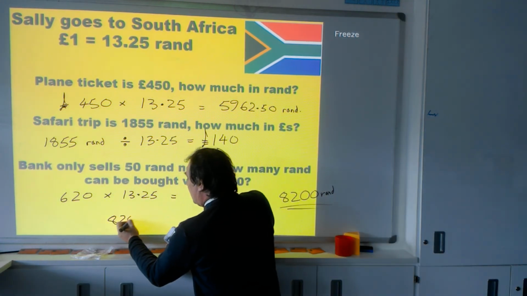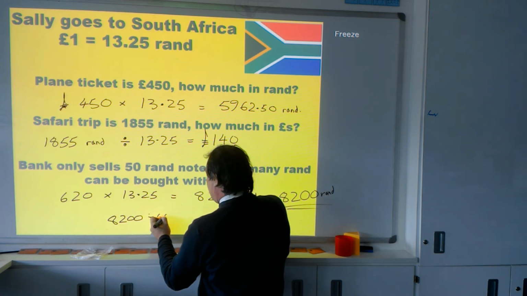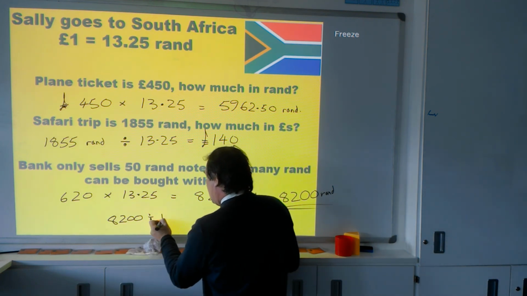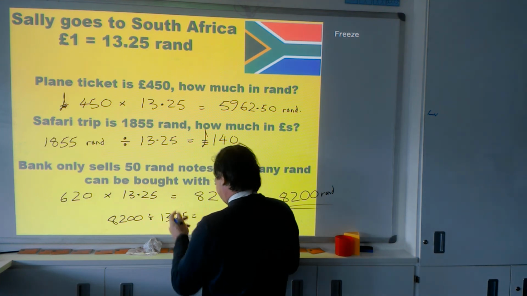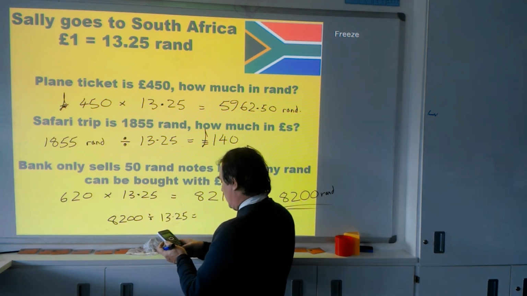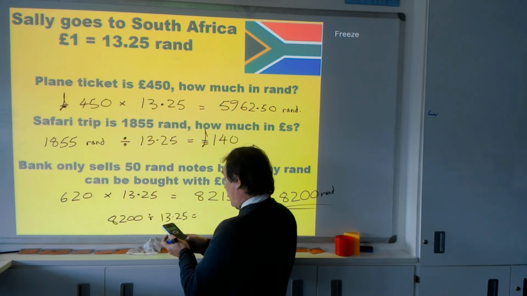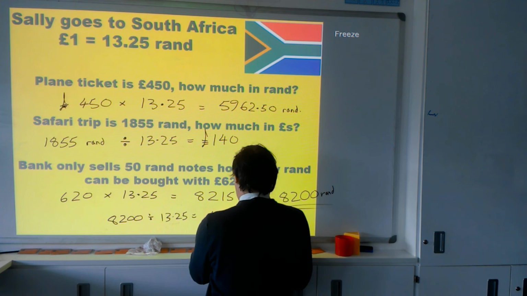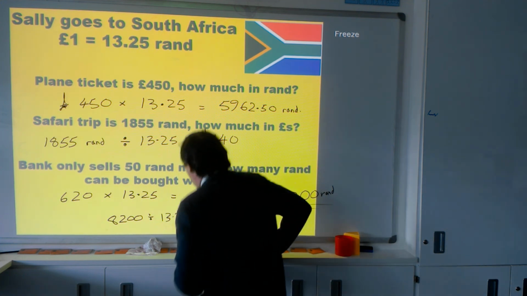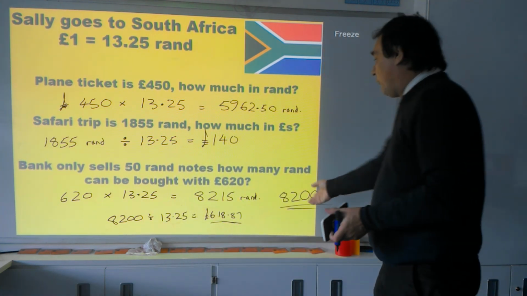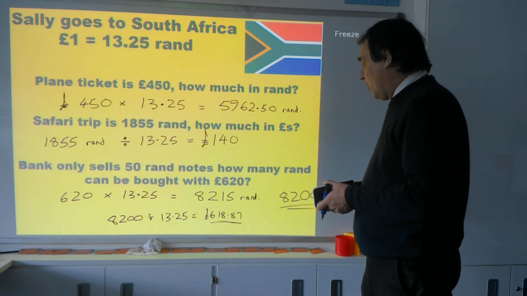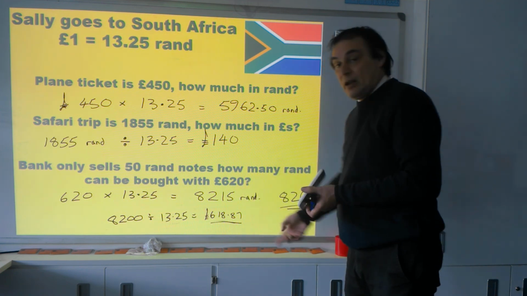A little extra could be 8,200 divided by 13.25, which means £618.87. So they might ask you how much of that 620 could she spend for the conversion. But that's an extra bit of work there, indicating she can't spend the whole amount.